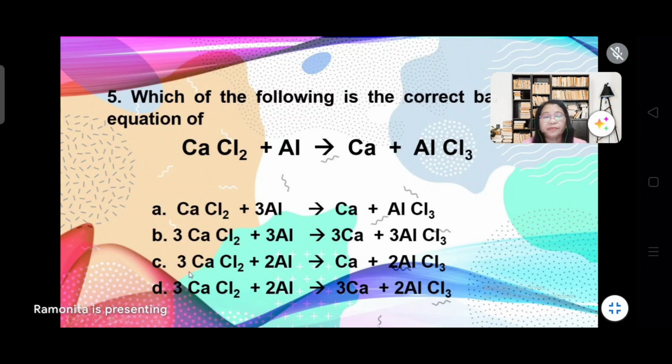C. 3 moles of calcium chloride and 2 moles of aluminum produce calcium and 2 moles of aluminum chloride. D. 3 moles of calcium chloride and 2 moles of aluminum produce 3 moles of calcium and 2 molecules or moles of aluminum chloride.